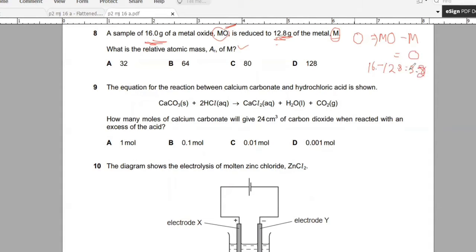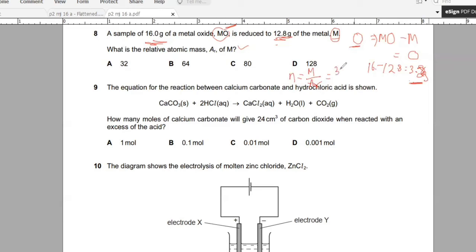If we subtract from 16, we get 3.2. This is the subtraction. The mass of oxygen is 3.2 gram. Now, as you came to know that the mass of oxygen is 3.2 grams, can you find the number of moles? The formula says that n is equal to given mass divided by Ar, the relative atomic mass.